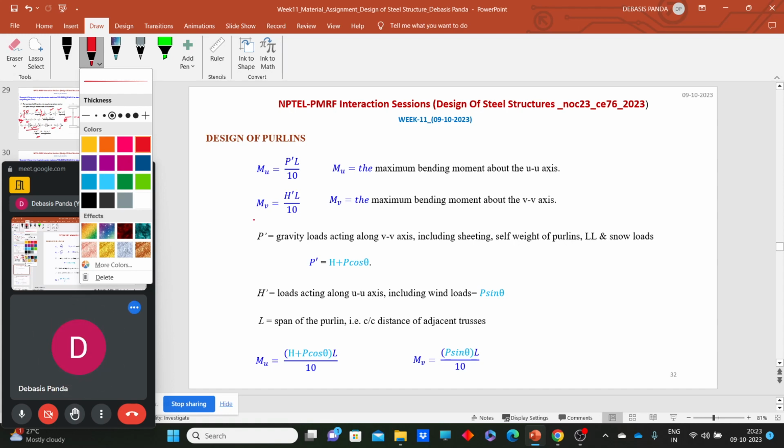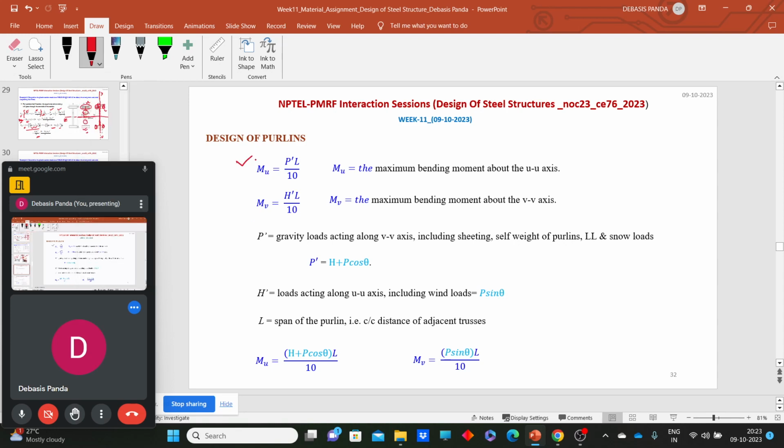I have already told you that the purlins are considered as continuous beams. So the bending moment about the UU axis will be equal to P dash L by 10, where the P dash value I have already calculated. Say, for example, if this is the rafter and a channel section is used as a purlin, the cleat angles are generally provided here.